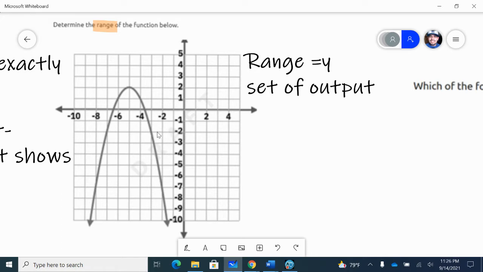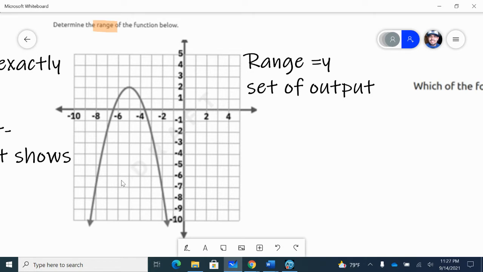When it comes to range, we're talking about the outputs. Is there a point where you have a y of -10? The answer is yes. We have this point, and this point, which also has a -10. What about a -8? Yes, it has these 2 points.